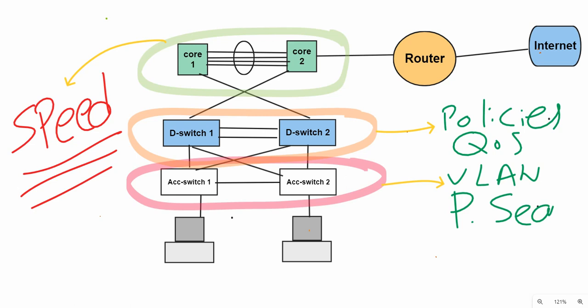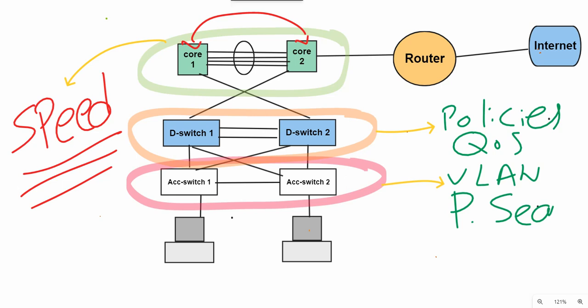For example, if you have a campus with three, four, or five different buildings, and you want to have fast connection to the resources, you need high end devices right here on these two core layer switches. You want them to be reliable, scalable, and you want them to have very good bandwidth.